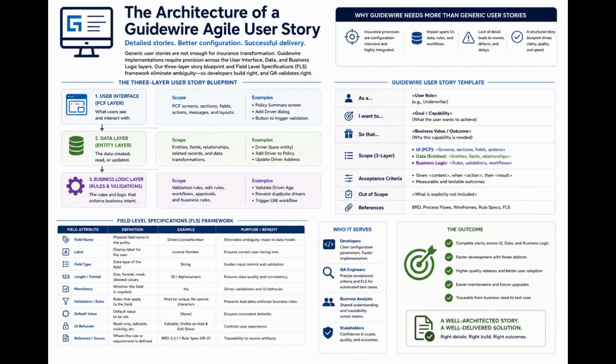It introduces a comprehensive, three-layered story blueprint that addresses the user interface layer (PCF screens), the data layer (underlying database entities), and the business logic layer (validation rules). By providing a standardized specification template and a field-level specifications (FLS) framework, it ensures that developers receive clear configuration parameters and QA teams can build precise automated test cases.